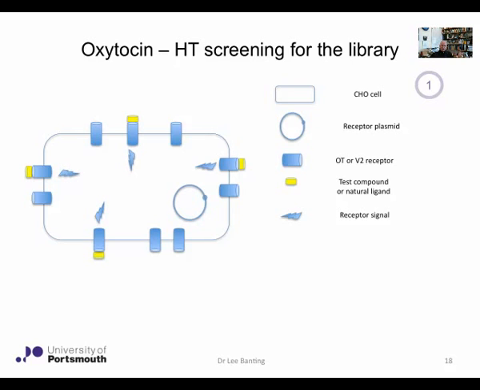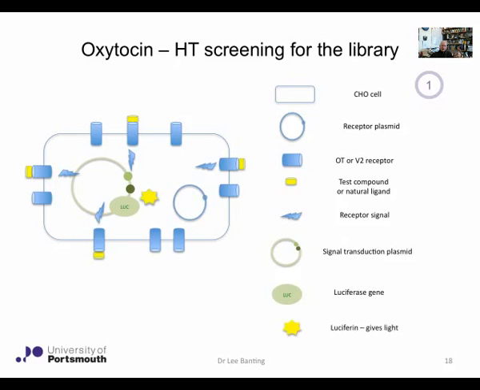The signaling machinery should be in place in the cell, and that allows a signal to go down to a further level. This further level would be a signal transduction plasmid, which is in the system and is responsive to the signal, and this plasmid allows a light output from a luciferase-luciferin coupling. If the signal goes down by agonism, you turn on the signaling, which is what happens at a GPCR, and you would get light output.